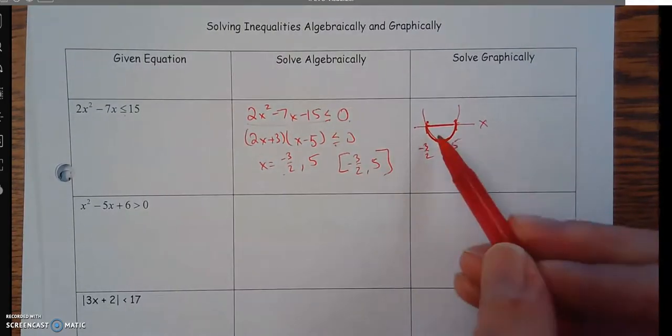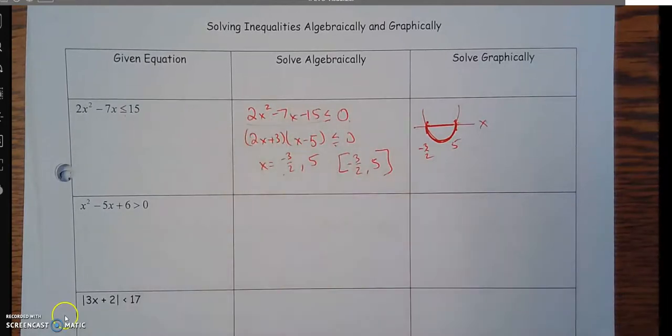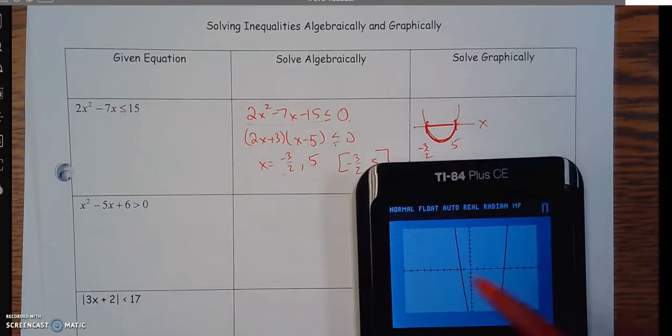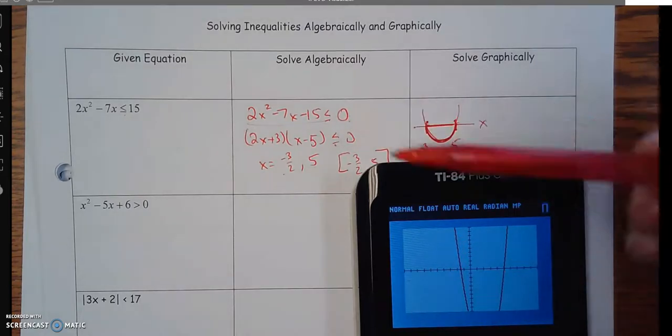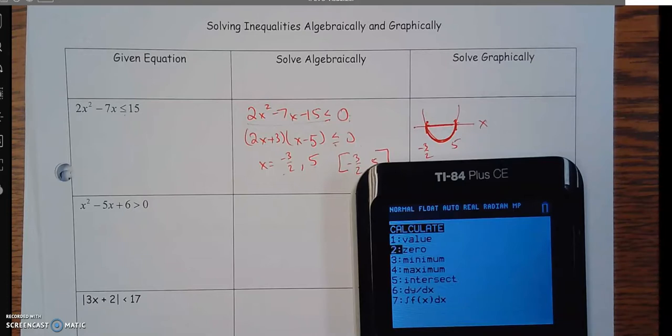If you want to do it graphically, you would just type this into the y equals. So I typed it in, I hit graph, and I got this shape. And since it says less than 0, I want to know when it is below the axis. It'd be from this x value to that x value, and that's where you could go second calc and check your zeros. Okay, I believe we did that earlier.